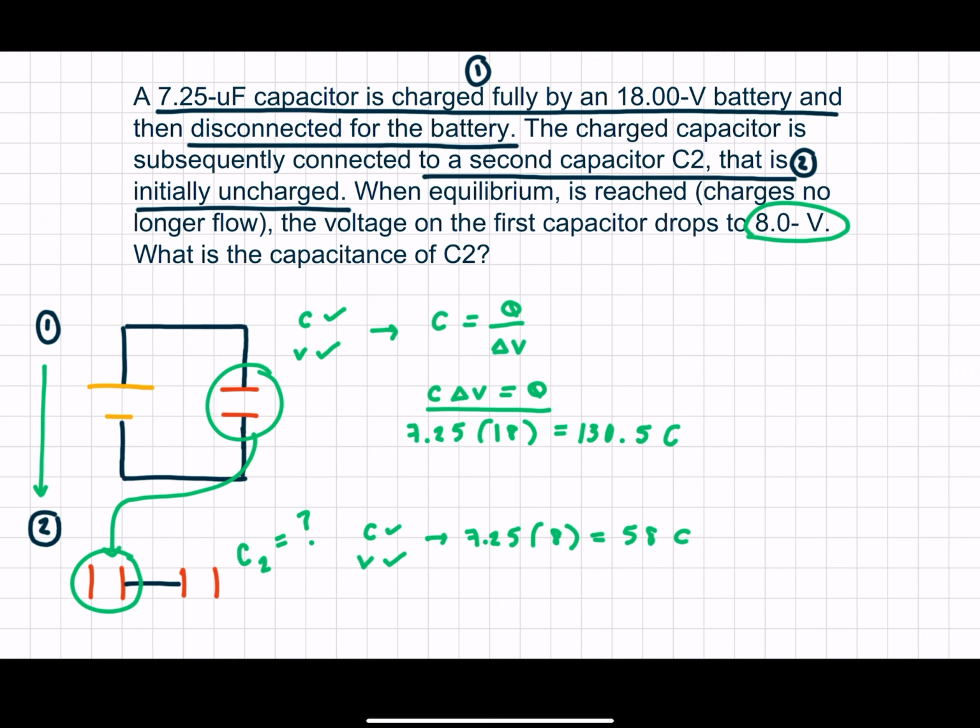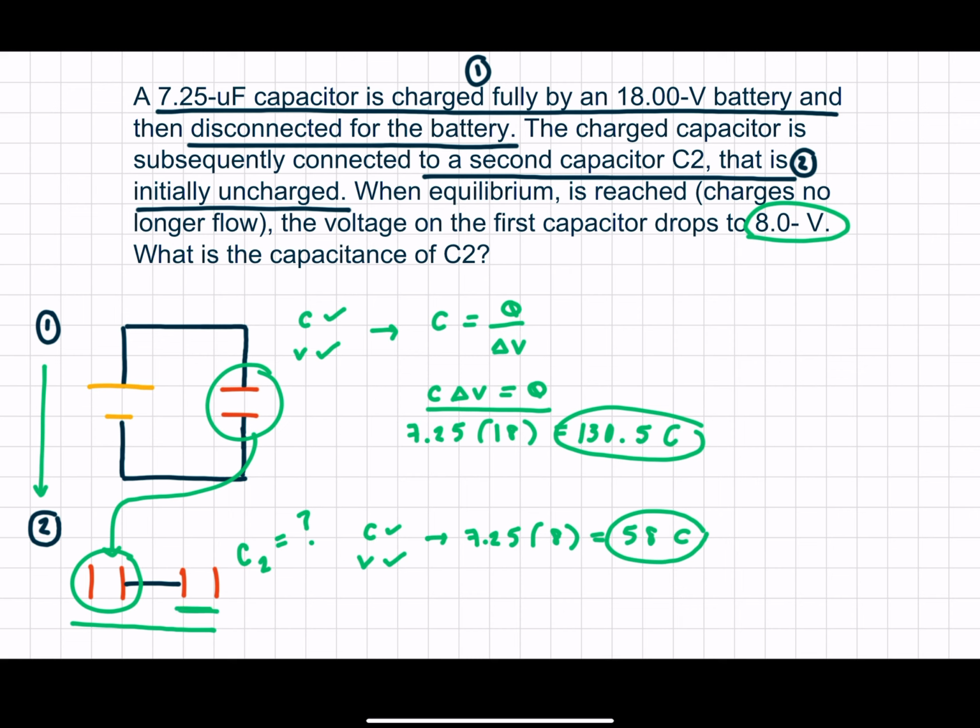We're going to revisit the idea that charge cannot be created or destroyed. So initially our capacitor had 130.5 coulombs of charge. We then put that capacitor into this system below, in which it is in parallel with another capacitor, and we figure out that after some time the charge on the first capacitor is 58 coulombs, which means that the rest of the charge is simply on this plate.